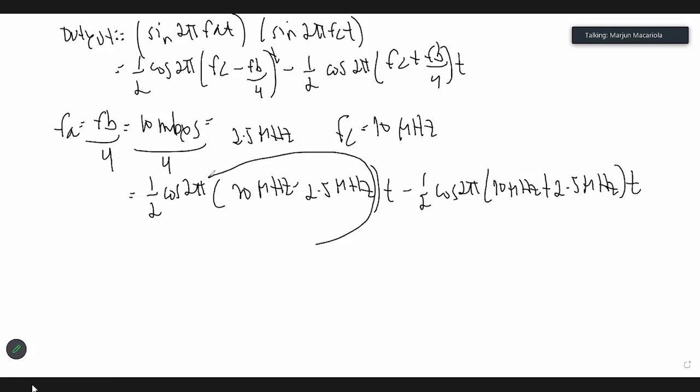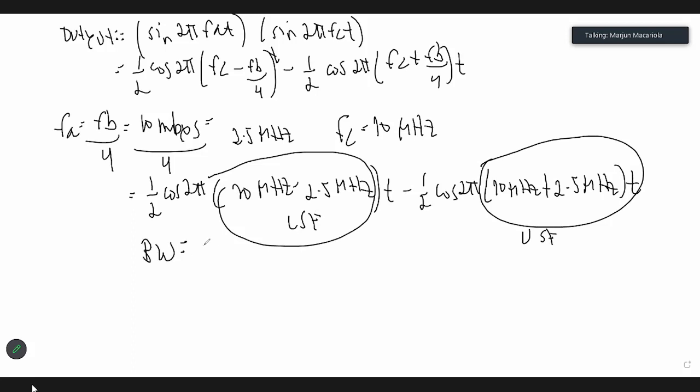So again, this one represents the LSF. This one represents the USF. To be able to get the bandwidth, what you're going to do is subtract the USF minus the LSF. So that is 70 minus 2.5, so that is 67.5 megahertz.